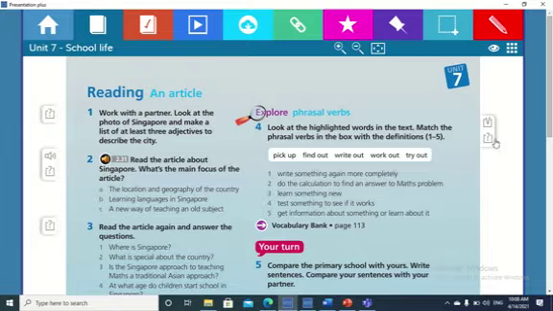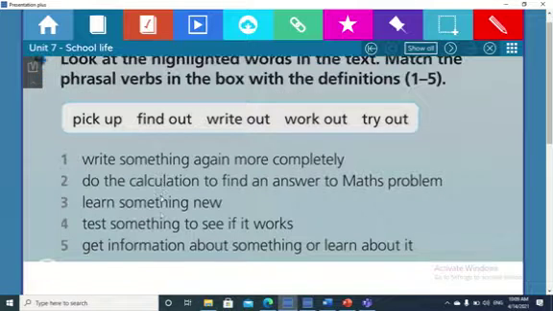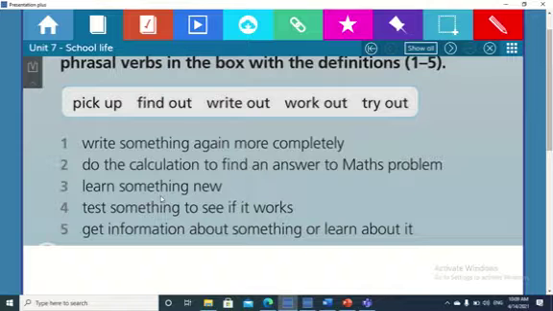Okay, so now you are asked to stop here, go back to the text, and try to match these phrasal verbs with their definitions. After you have started guessing these verbs and definitions, let's start by matching them.